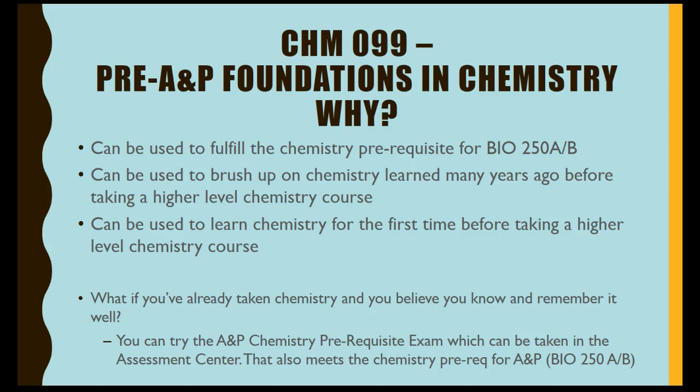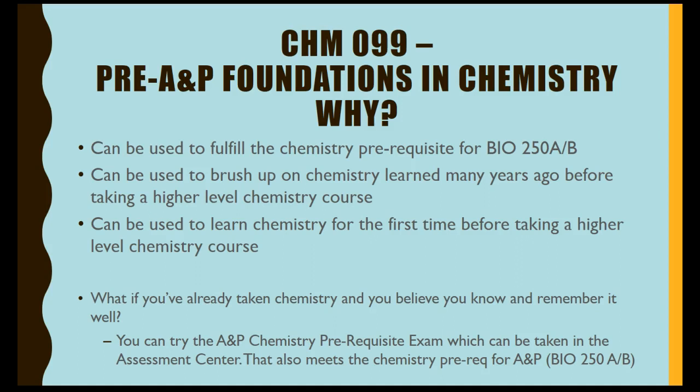If you've taken chemistry recently and you are not bound to a certain number of years, like the nursing program requiring you to take all the science courses within 5 years, then another way for you to meet the prerequisite for Bio 250A and B is to take the A&P Chemistry Prerequisite Exam in the Assessment Center.